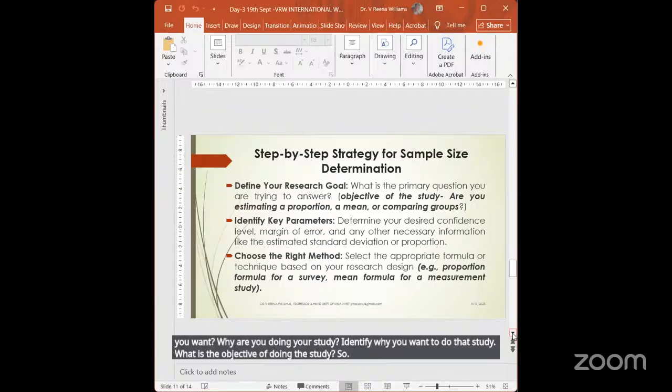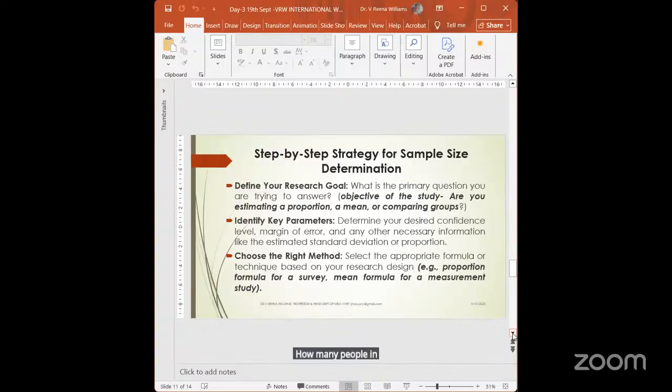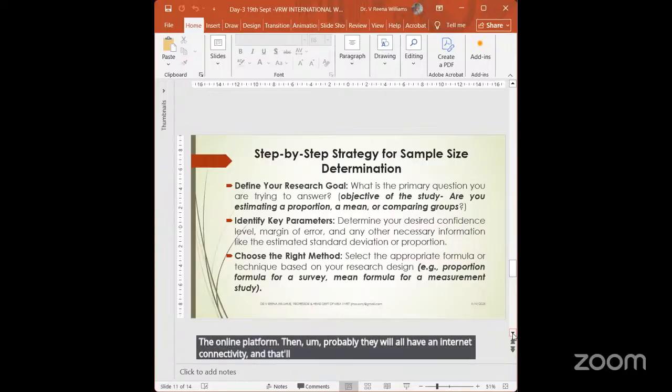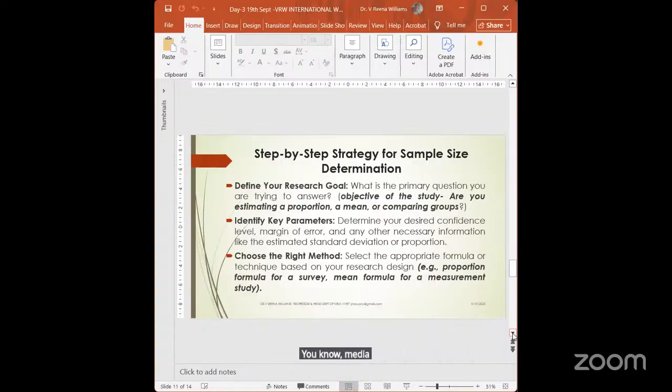Maybe the study is to know, like the earlier example, how many people in Mysore city prefer to use online platforms. If I feel that lots of people use online platforms, then probably they all have internet connectivity, and that will help me know which media I should use to promote my product or service.